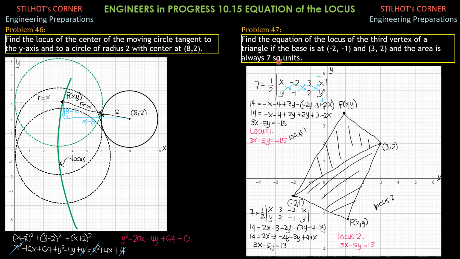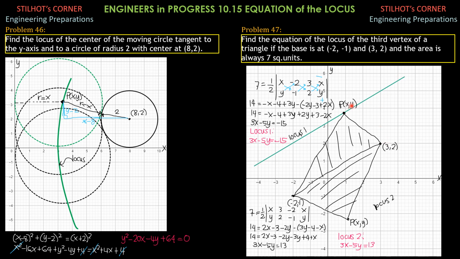To help analyze the situation, let's have the plotting of points (-2, -1) and (3, 2). There are two possible loci. One is where the moving point is above this base and the other where the moving point is below that base. Let's focus first on this point here, which is above the base, and that's the expected locus.